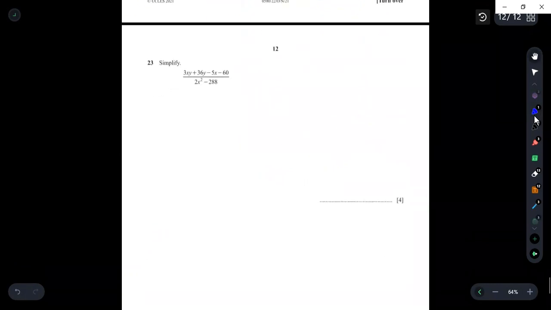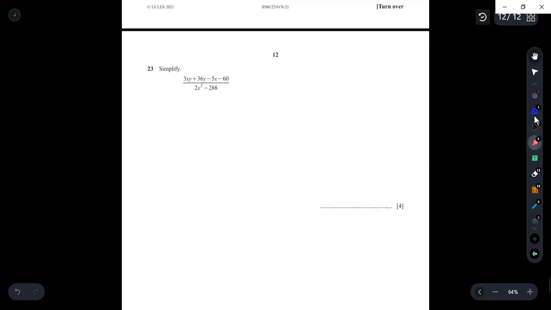Okay, question 23, simplify this. Okay, so we have to see how we can simplify this. Analyzing carefully, we see that 2 is common in the denominator, and we try to take common factors from the numerator, because there are 4 terms here, so we can make pairs. From the first pair, 3y is common, so we get x plus 12.